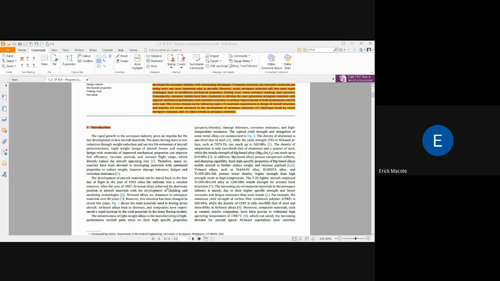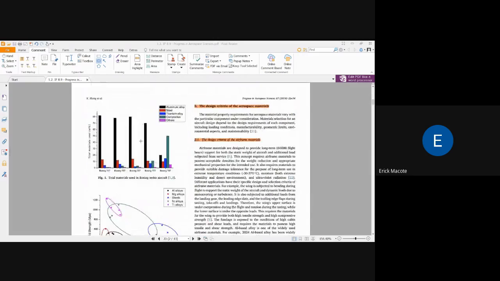On the other hand, aluminum-based alloys have been dominating aerospace materials for over 80 years. However, this situation has changed in the last years. For example, Figure 1 provides information about the total material used in Boeing series aircraft.